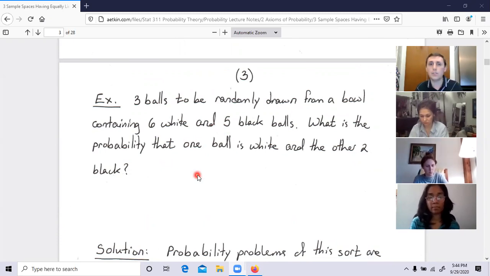So we have 3 balls. They are randomly drawn from a box containing 6 white and 5 black balls. What is the probability that one ball is white and the other 2 are black?